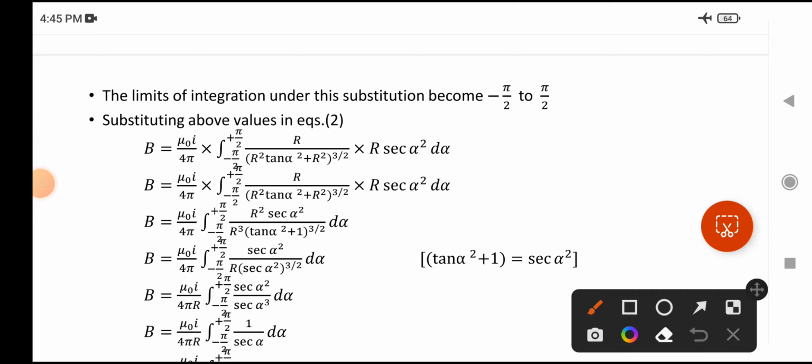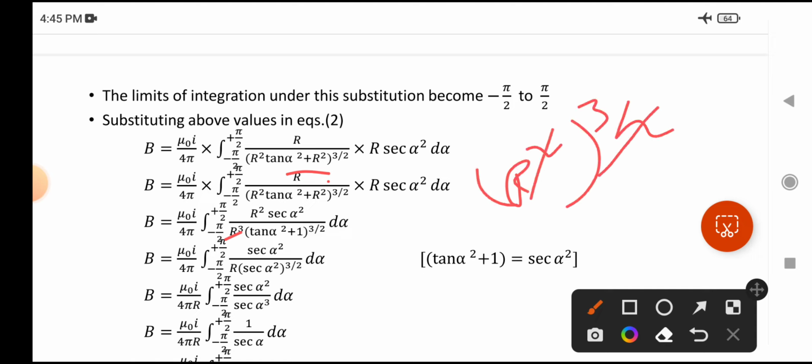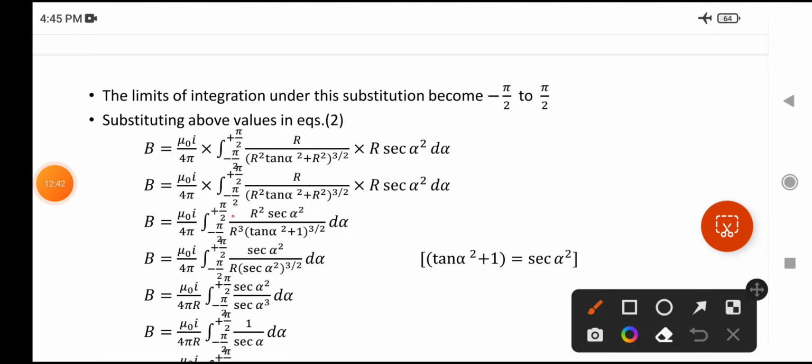Now take R square common outside. R square is already in power 3 by 2. So when you bring the R square out of 3 by 2, the 2 gets cancelled. We get R power 3. So see here, R power 3 is written here. And this R into this R square, so upside R square, secant square alpha.